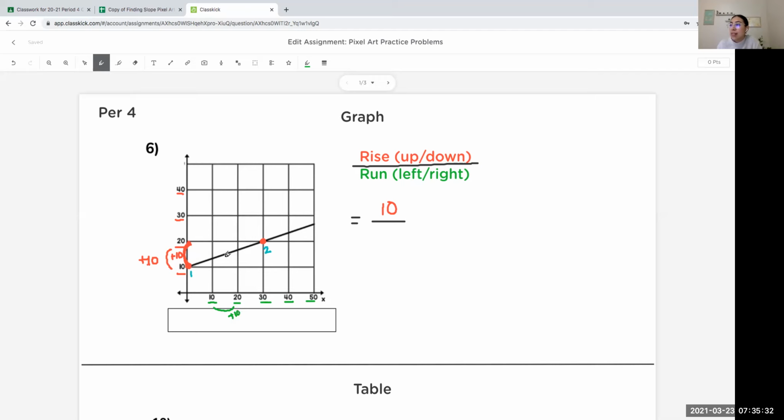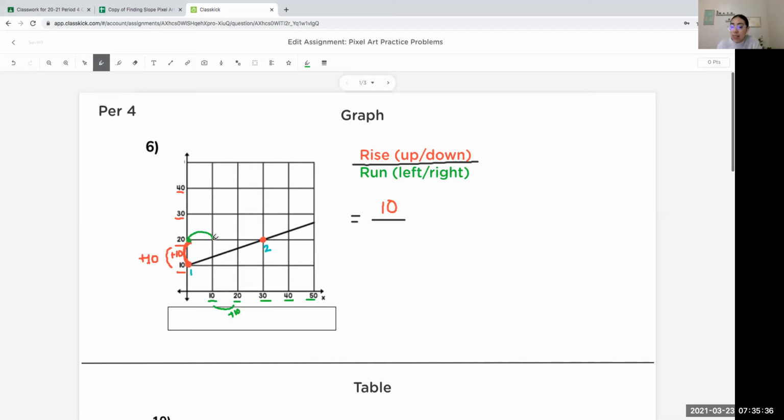So keep that in mind. Because here I'm jumping once, so that's 10. Twice, that's another 10. So now we're at 20. And 3 times, which says our run is 30.